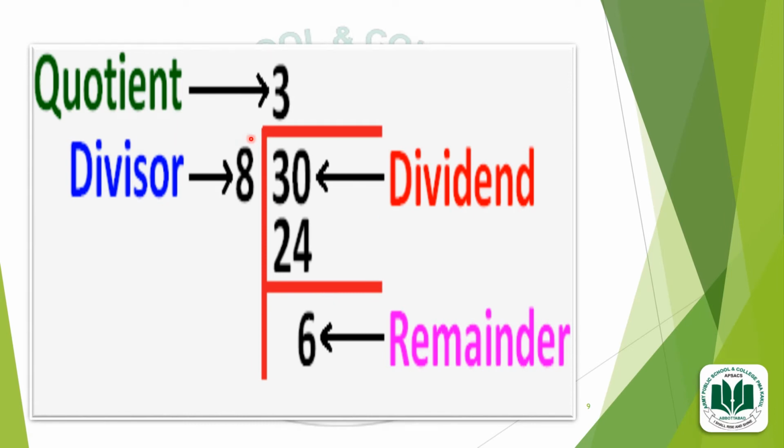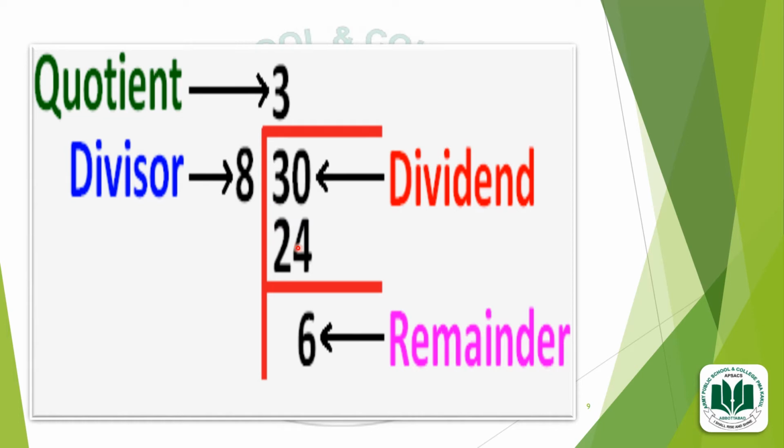Now I explain quotient and remainder with one more example, in which we have to divide 30 by 8. Now we read the table of 8 and find a number which is equal to or smaller than 30 in the table of 8. 8 1s are 8, 8 2s are 16, 8 3s are 24 and 8 4s are 32.